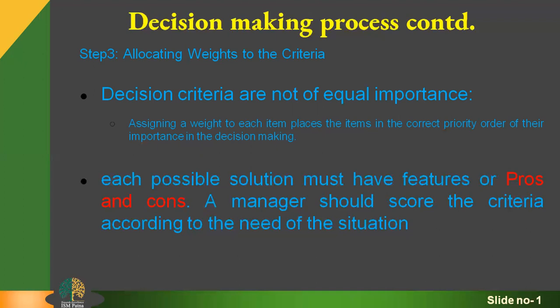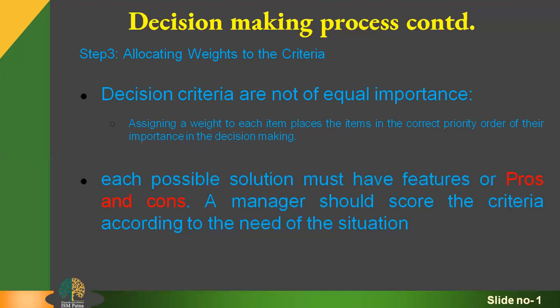Each possible solution must have features, pros and cons, and managers should score the criteria according to the need of the situation, because every criteria has some risk factor. We cannot overrule it. We cannot say that criteria A1 has zero risk factor and criteria A2 has 50% risk factor.